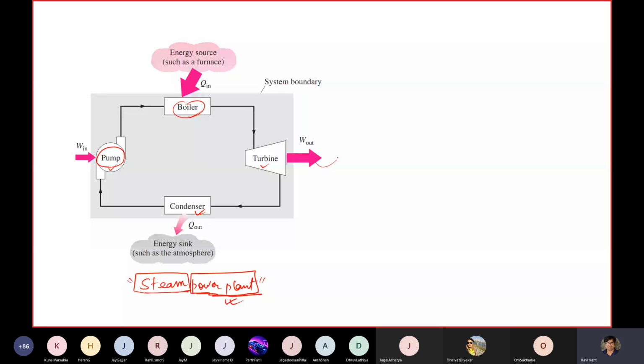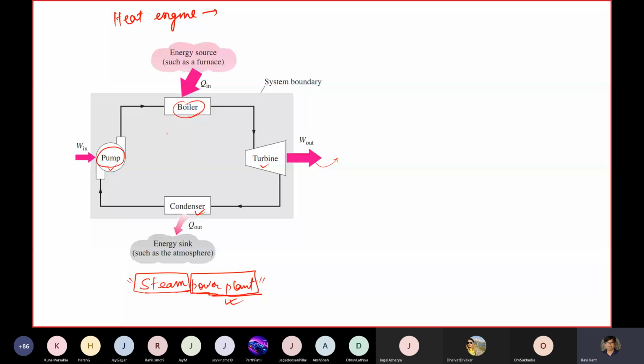So these four components, pump, boiler, turbine, condenser, are there and steam goes through them in a certain fashion. We will talk more about this when we discuss vapor compression cycles in detail, but for the time being we should know how this heat engine works.